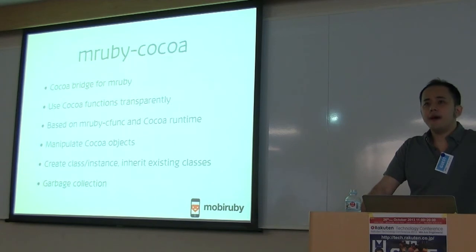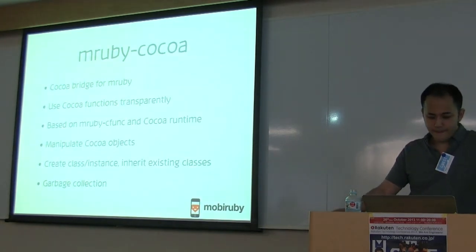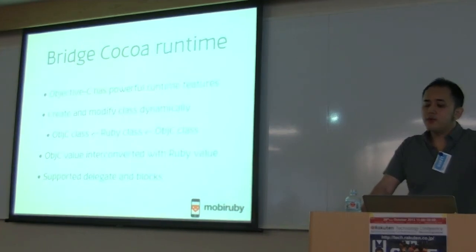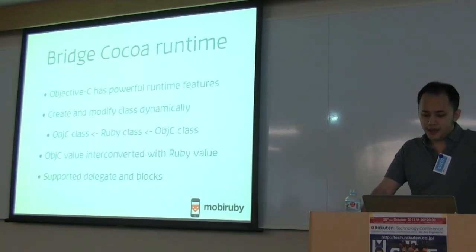This library provides transparent communication between Mobiruby and Cocoa libraries. Mobiruby Cocoa can create a new instance of a Cocoa or Objective-C class on Mobiruby. You can also inherit from an existing Cocoa class on Mobiruby.